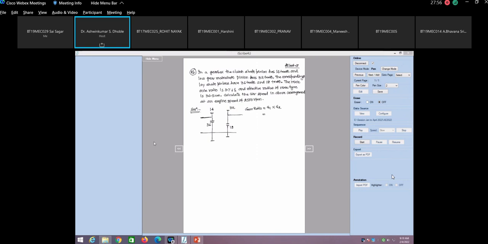So for first gear train, it will be number of teeth on the driven gear by driving gear. तो सर ये 36 by 14 मल्टीप्लाइड बाय, इसके लिए क्या होगा? 18 by 32... सर इसका वैल्यू कितना आता है बताइएगा.